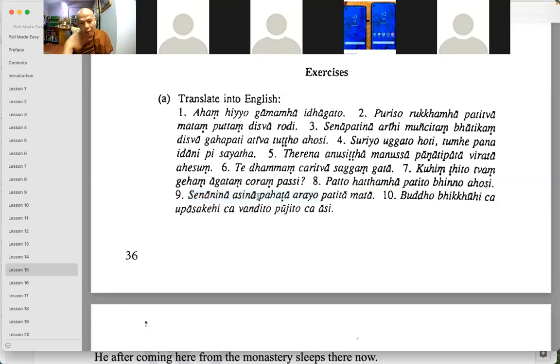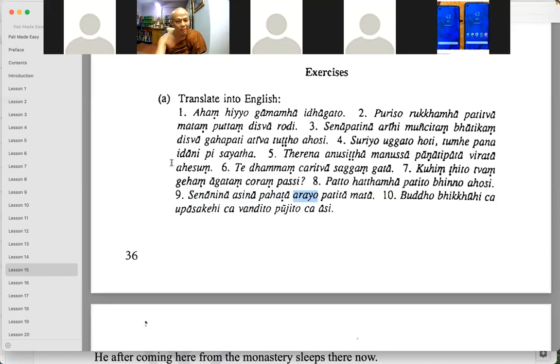So here for the past participle, Bahata, and also Badita, and the Mata, you see. And then here, Arayo. So Arayo is ari as a stem noun, nominative case plural, ari, arayo. Okay, ari, arayo, enemies.